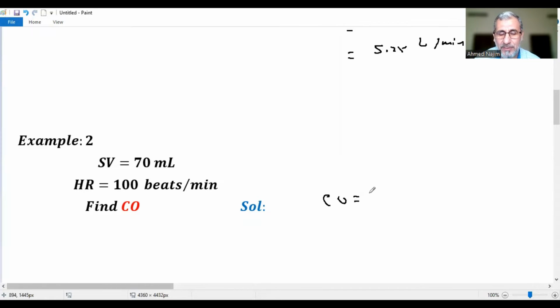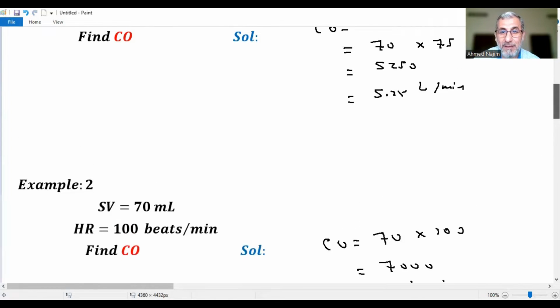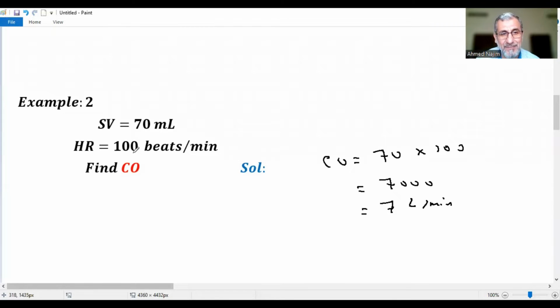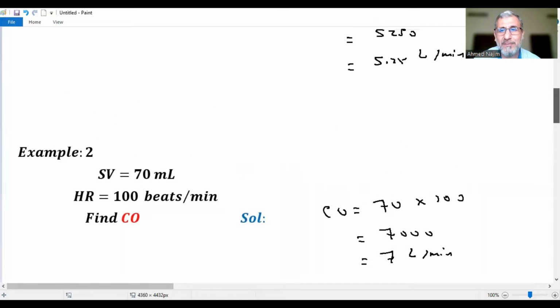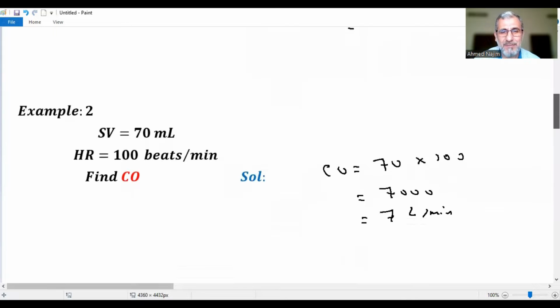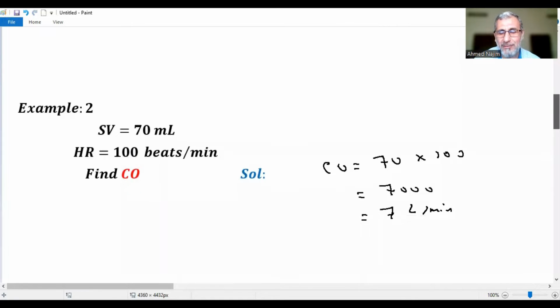Cardiac output equals 70 times 100, which is 7,000 ml per minute, which means 7 liters per minute. This is more than the previous example, 5.25, because the heart rate increased from 75 to 100 beats per minute. So the cardiac output will be more.